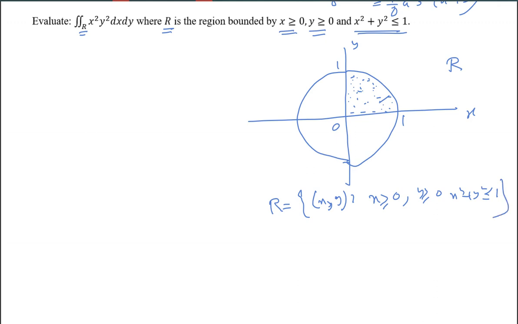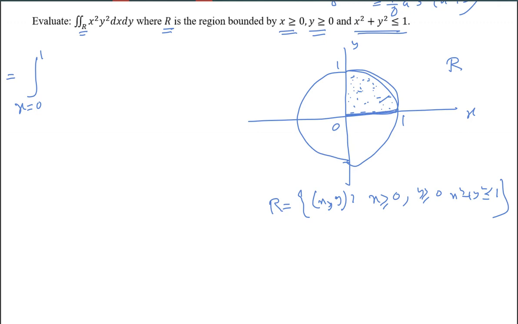That means I can write this integration. Suppose we first vary x from 0 to 1. If x varies from 0 to 1, then y varies from what? From this line to this curve.